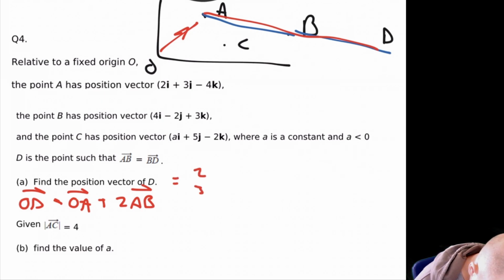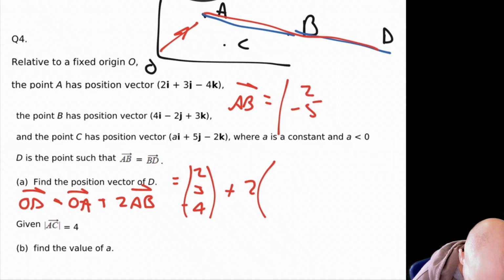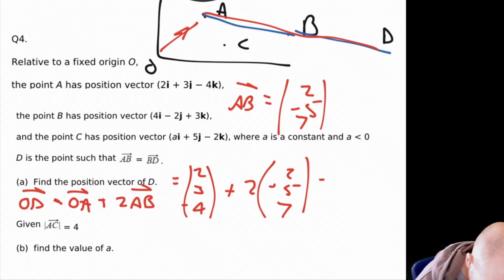So that's going to be 2, 3, minus 4, plus 2 lots of AB, which is B take A. It's going to be 4 take 2 is 2, minus 2 take 3 is minus 5, and 3 minus 4 is 7. So 2 lots of 2, minus 5, 7.